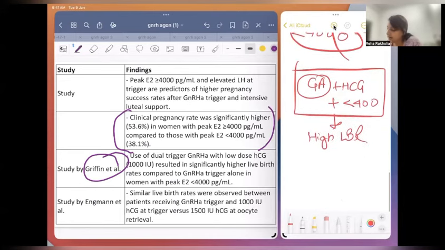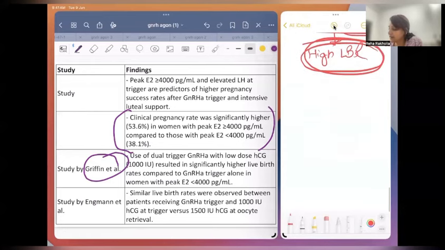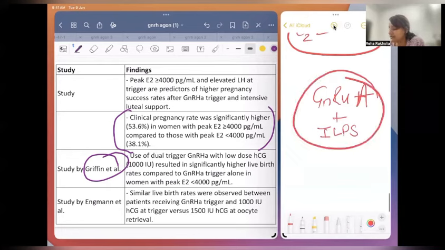Getting my point? When the estradiol level is less than or equal to 4,000, giving HCG has worked wonders. Means we'll have to supplement HCG when the estradiol level is less than 4,000. Otherwise, it's enough to have GnRH agonist with intensive luteal phase support. We don't need HCG.